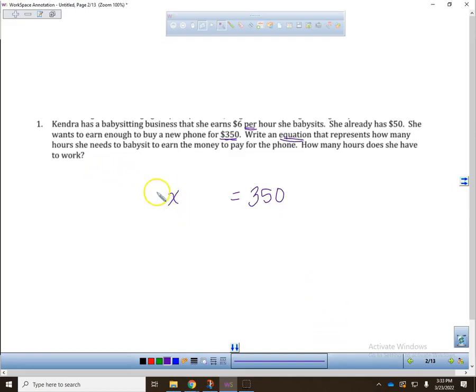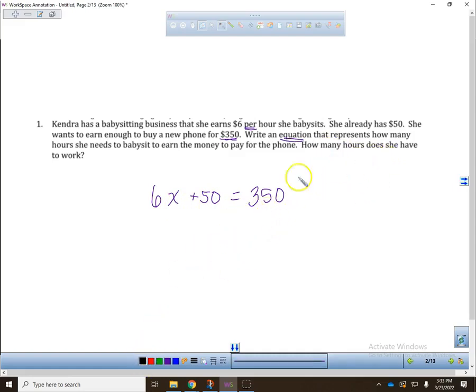Now I know that I'm going to have $6 for every hour that she works, and we also need to include the $50 that she's already saved. So this would be my equation: $6 times each hour that she babysits plus the $50 she's already saved needs to equal $350 so she may buy her new phone.